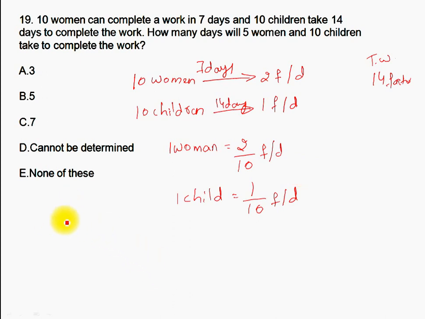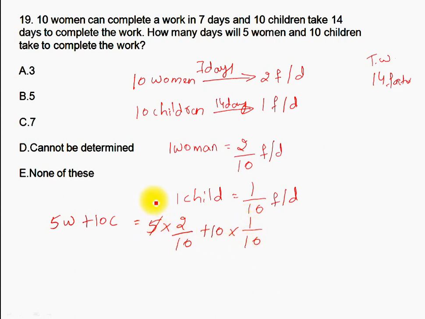The equation will be 5 women plus 10 children. Now we know the value of 1 woman and 1 child. For women it will be 2 by 10 plus 10 into, for child, 1 by 10.